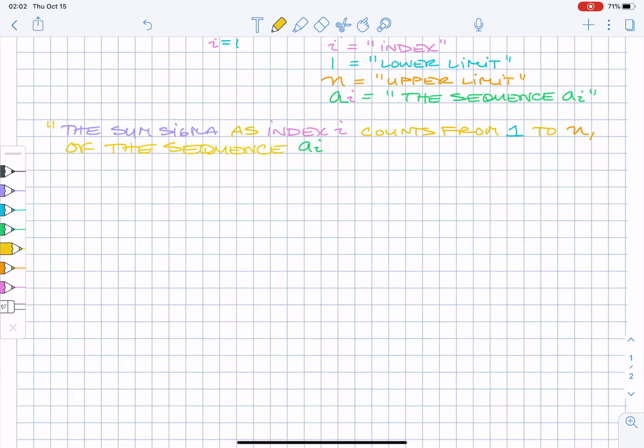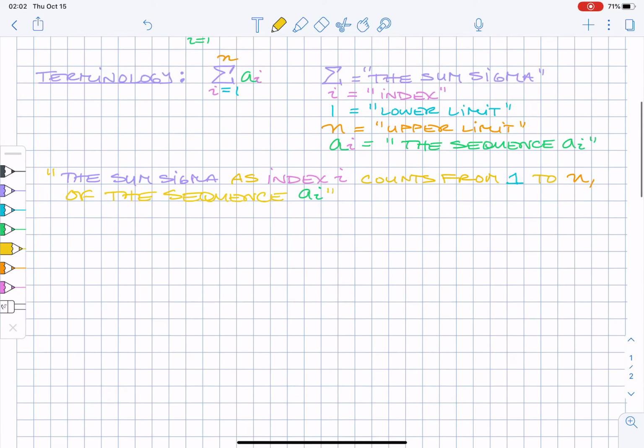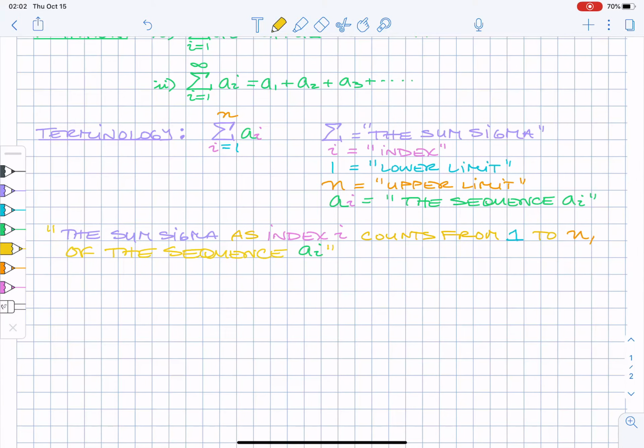So that's how I would state that symbol aloud in words.